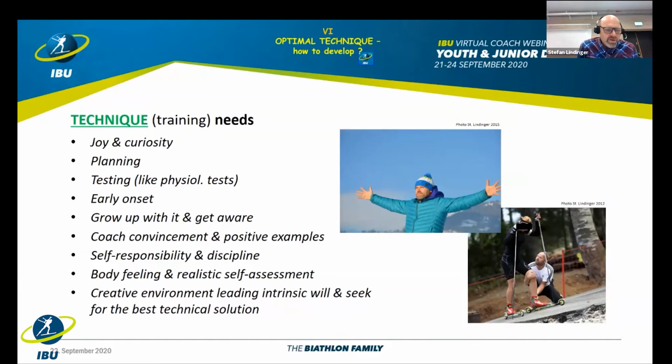It should start early. We should grow up with it and get aware, so that it's something totally normal. We need some coach conviction and positive examples that it helps our performance. We have to learn it's good. We need a lot of self-responsibility and discipline from the athletes in technique training. We need body feeling and realistic self-assessment.